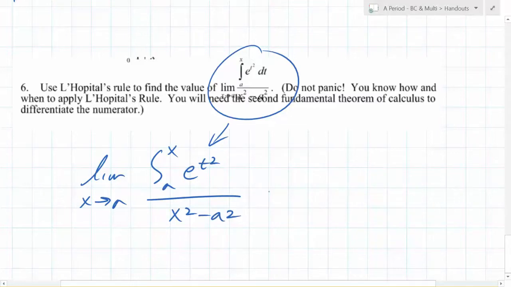When you are asked to compute a limit, what is the first thing you should always check? What's the first thing you always check when you're trying to compute a limit? Before you do that, what's the first thing you always check? What happens if I changed it to this?